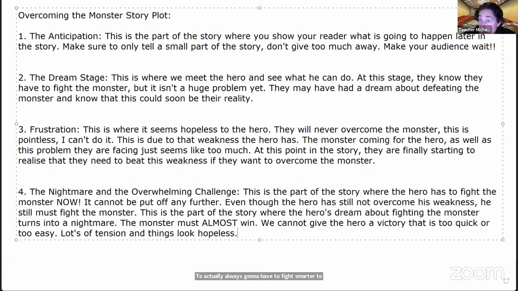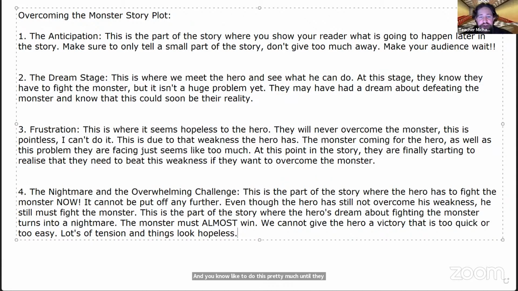The monster must almost win, because we can't give the hero a victory that is too quick or too easy, or else, again, the reader's going to lose interest. We don't want to see a hero that just, yep, that's done, yep, that's done, yep, that's done. We want to see them work and work and work and fight and not give up, pretty much until they can't do this anymore.